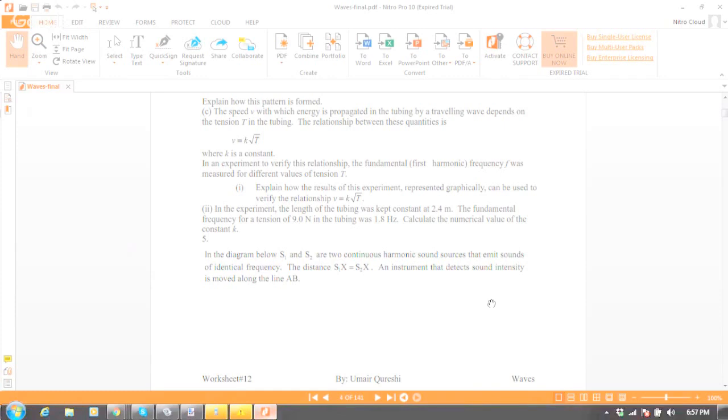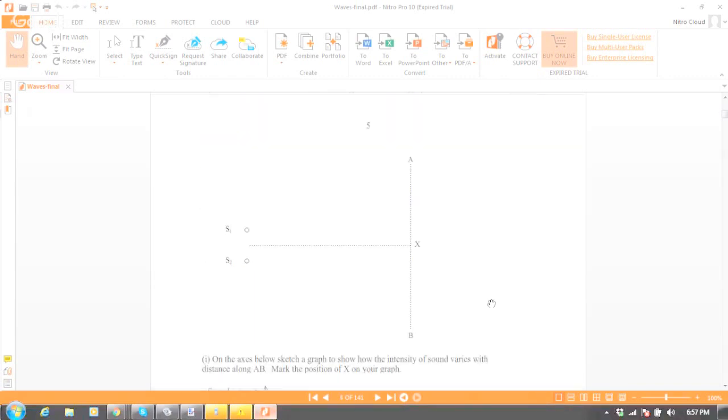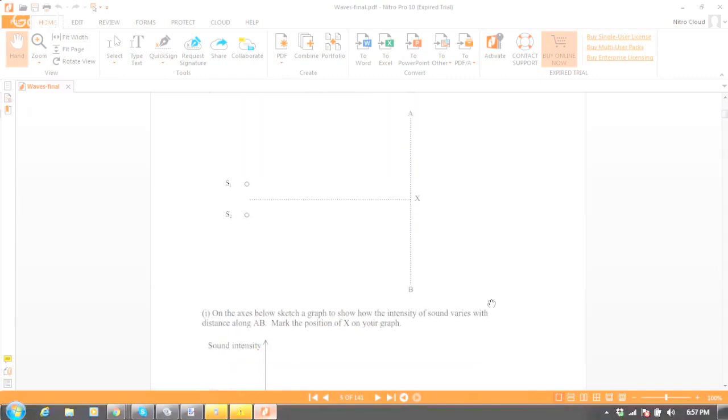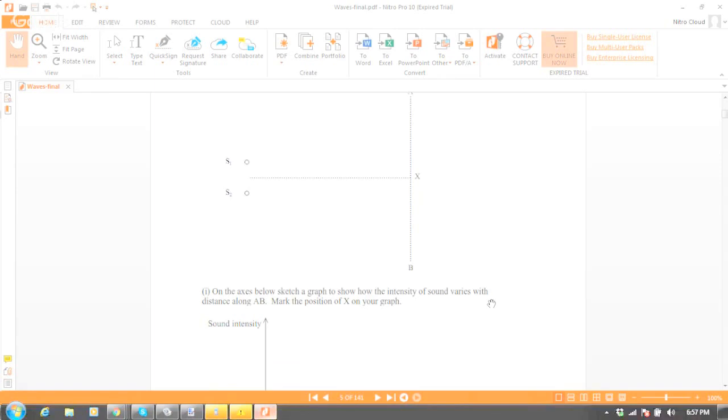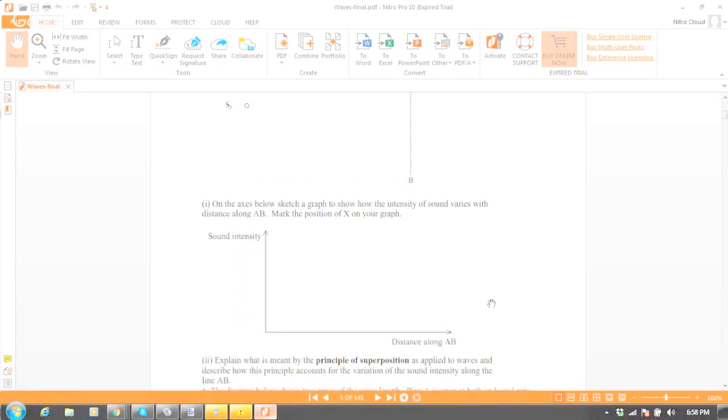The distances S1x is equal to S2x, and an instrument that detects sound intensity is moved along line AB. So you can see this line AB. Now there are two sources, S1 and S2. On the axis below, sketch a graph to show how the intensity of the sound varies with distance along AB. Mark the position of X on your graph.